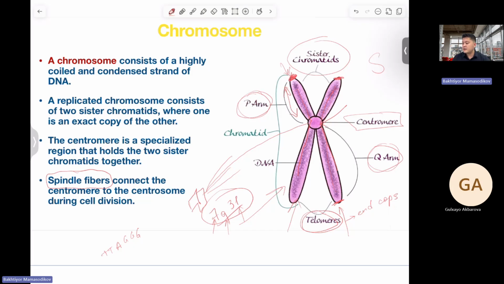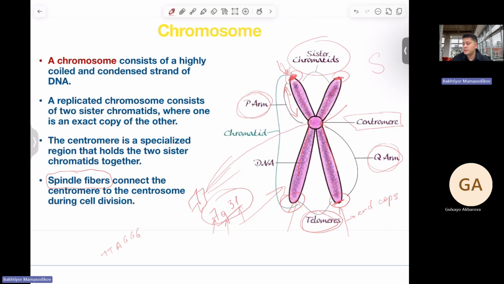Telomeres are the end caps of the chromosomes. Their function is to protect the chromosome ends. P arm and Q arm are the short and long arms of the chromosomes. We talked about the centromere, which connects two sister chromatids together. Sister chromatids are identical copies joined together. The chromatid itself is half of the duplicated chromosome, right?